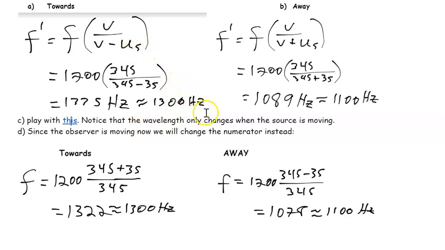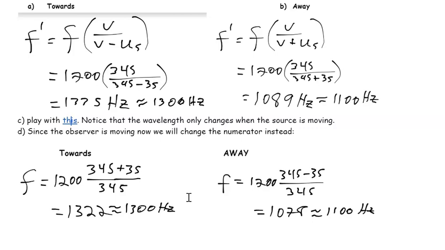You recall that with light, it doesn't matter which one's moving, and that's because light doesn't require a medium. And so that's a completely different idea in terms of the Doppler effect when you're doing light.